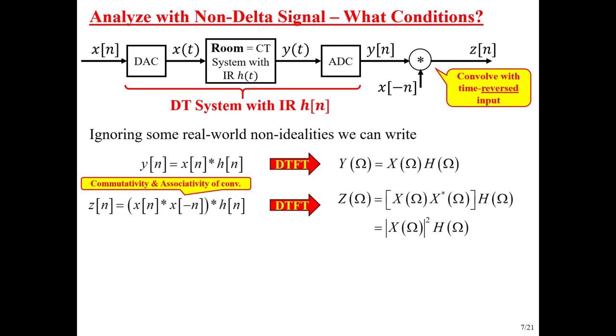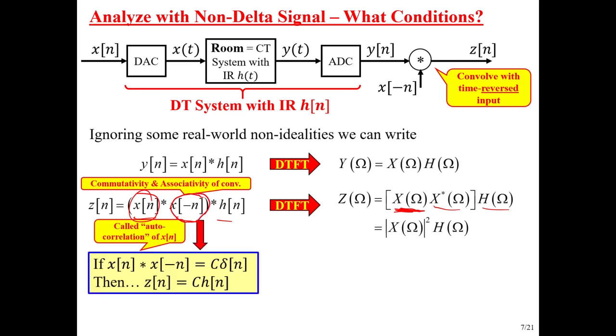So if we take the DTFT of that, we again see three signals being convolved. So that would be three things multiplied over in the DTFT world. One is x of n, so there's its X of omega. Then we have x of minus n.